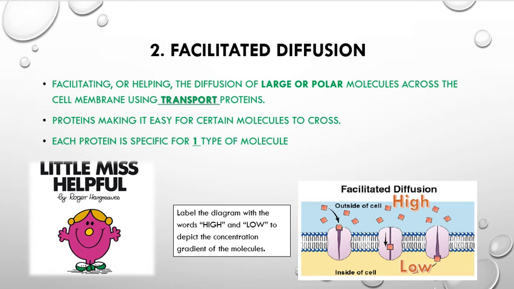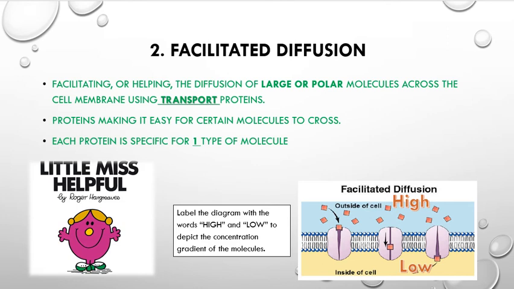Facilitated diffusion, instead of oxygen and a lot of your small molecules, now we are talking about larger polar molecules or even ions. Glucose is going to be our big example for facilitated diffusion. This is going to be diffusion with assistance. And that assistance is in the form of your transport proteins.